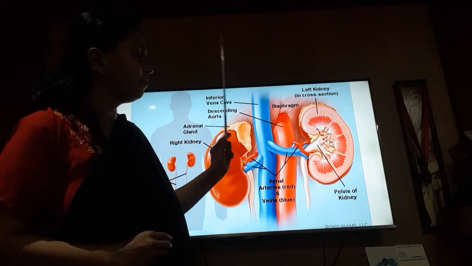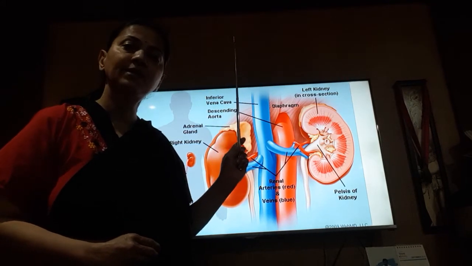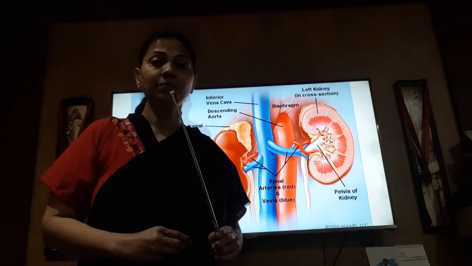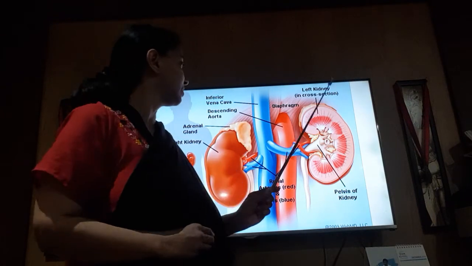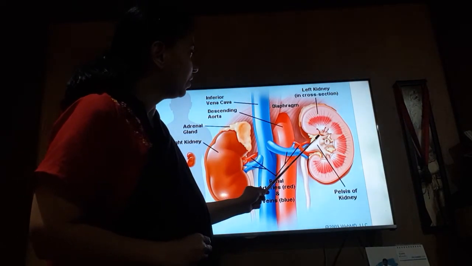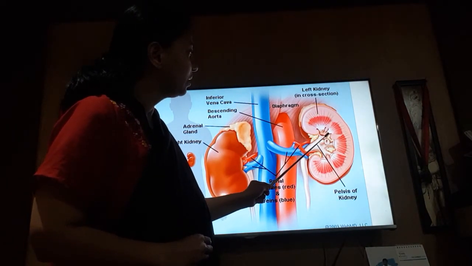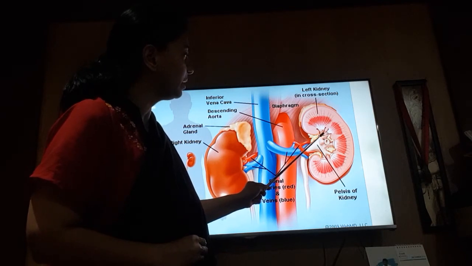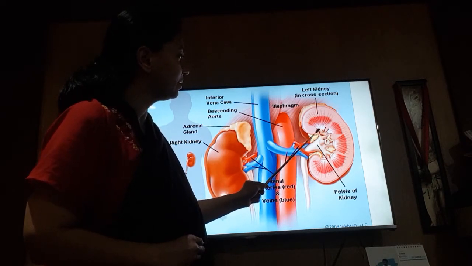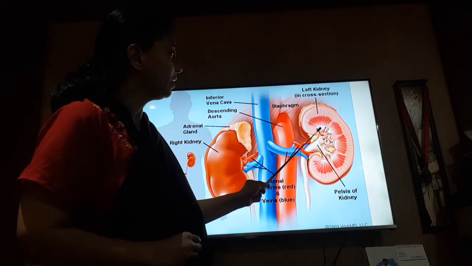This is called the renal papilla. The renal papilla is ending in where? Minor calyces. You can see here we have cut open this major calyx, so we can see one minor calyx here, one minor calyx here. Okay, so minor calyces open into the major calyx.